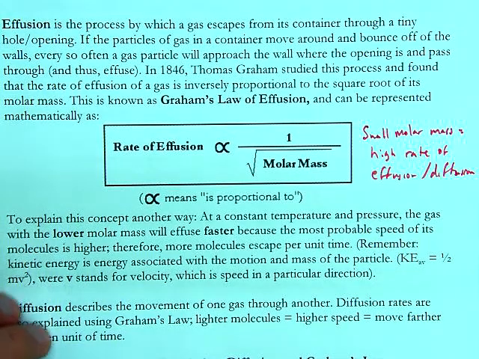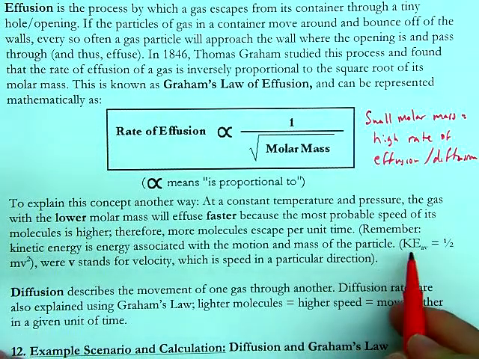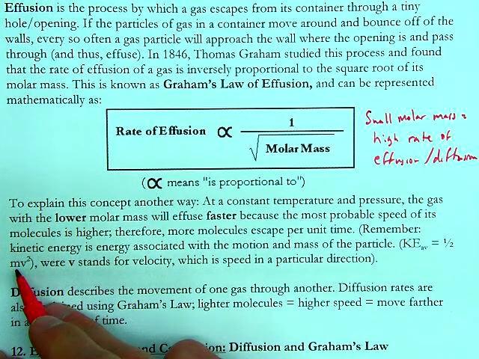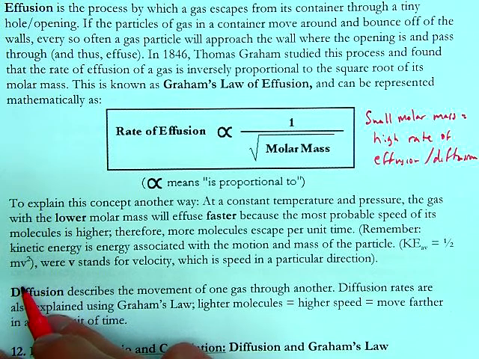And this makes sense if you think about it in terms of the formula for average kinetic energy, 1/2 times mv squared, where v is velocity and m is mass. So if the mass increases, the velocity decreases, meaning at the same temperature, a heavier molecule will be moving more slowly.